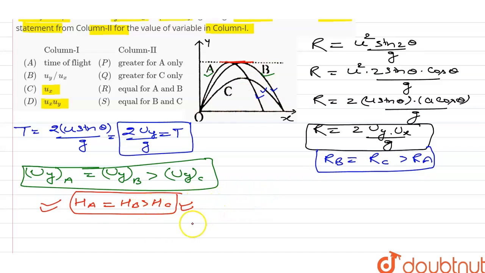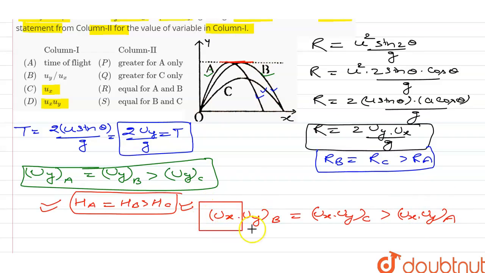After that, we can conclude that the product ux into uy for B is equal to ux into uy for C, which is greater than ux into uy for A.